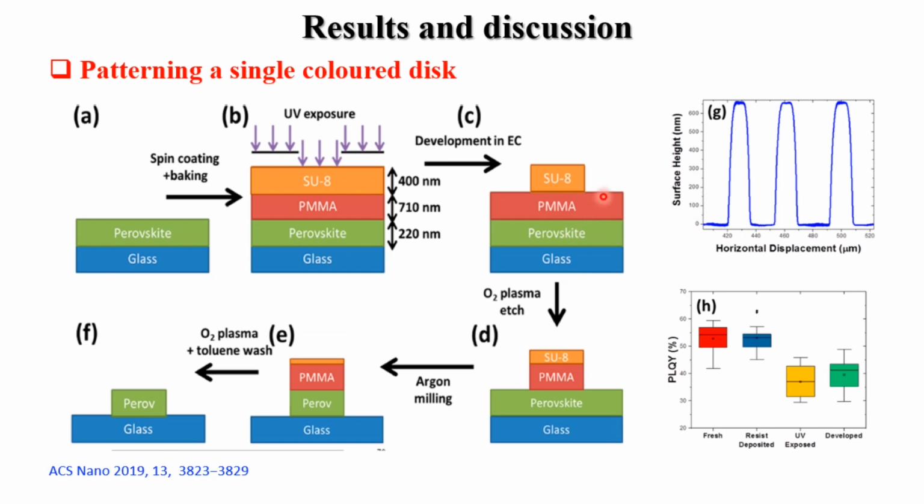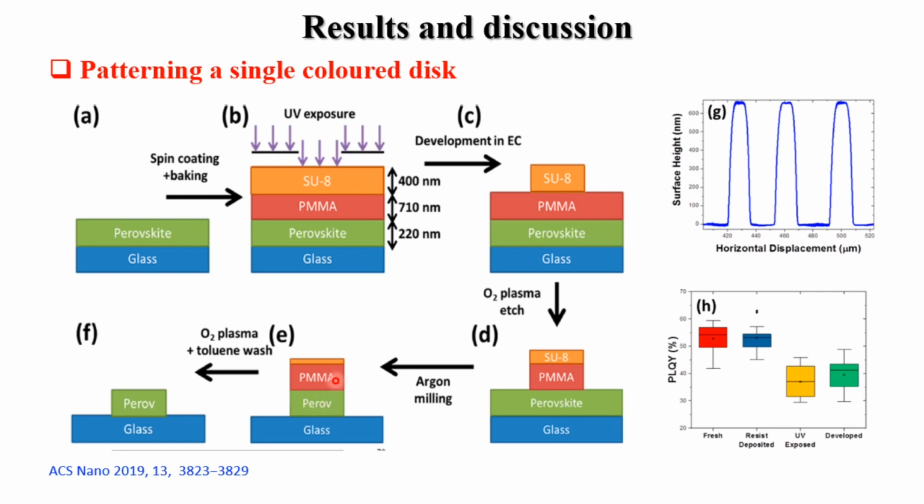After that, to remove the PMMA, they use O2 plasma etching. After that, argon milling is used to remove the perovskite. So we can see this is the structure we want to deposit.